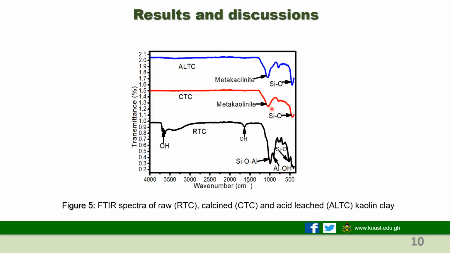But these were fused into metakaolinite in the calcined sample and the acid-leached sample. Silicon-oxygen bond vibrations were also observed in the raw kaolin clay as well as the calcined and acid-leached samples.